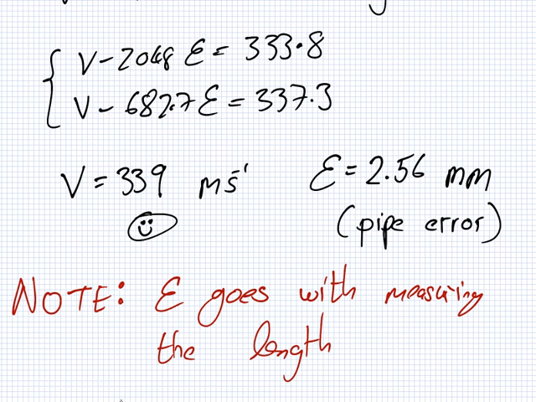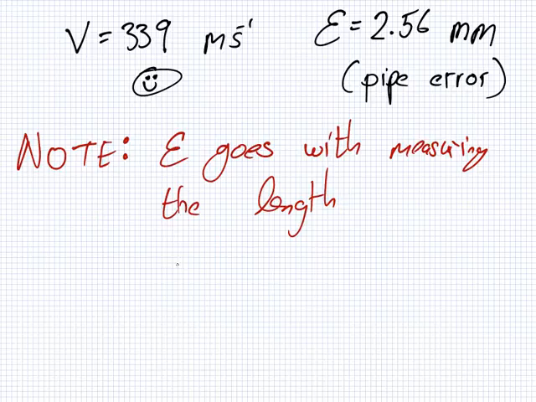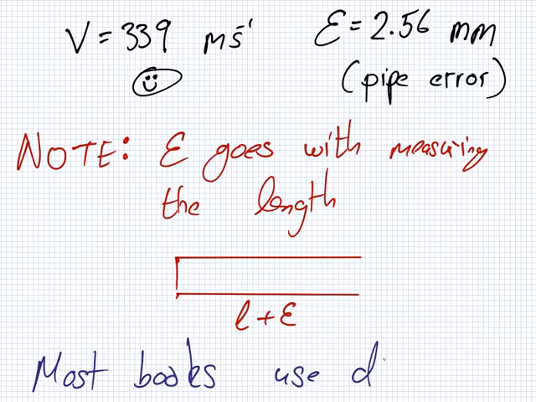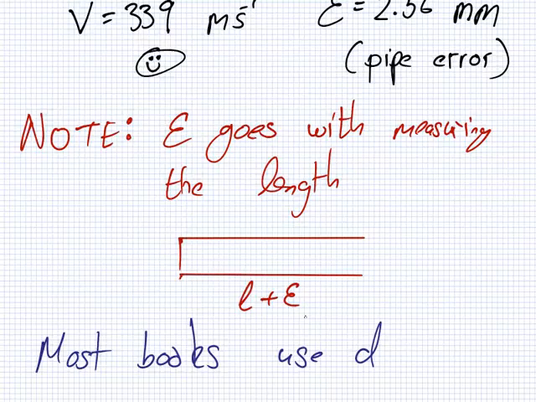The error is here. I should also write that most books use D. It's just that I like to use the E. But maybe I should use D. It'll help me to remember it's for the length.